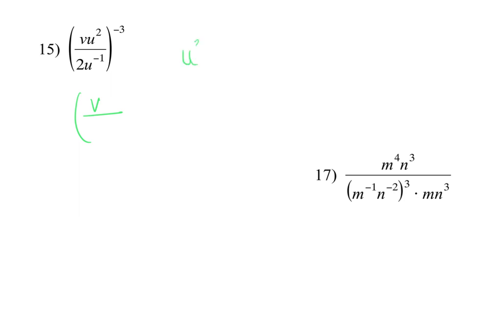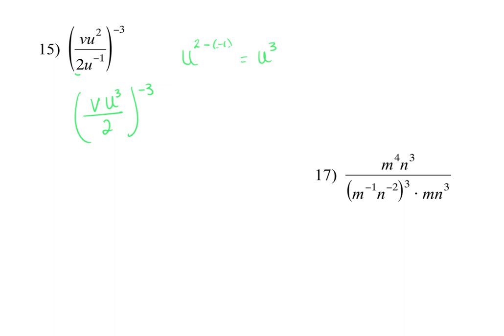I subtract the 2 minus the negative 1. 2 minus negative 1 is 3. That tells me that I have a u on top or bottom? Top to the 3rd power. The 2 cannot simplify with anything. It is going to stay on the bottom. By simplify, I mean all of the things inside the parentheses only have one variable. I don't have 2 of anything. I don't have 2 u's or 2 v's.